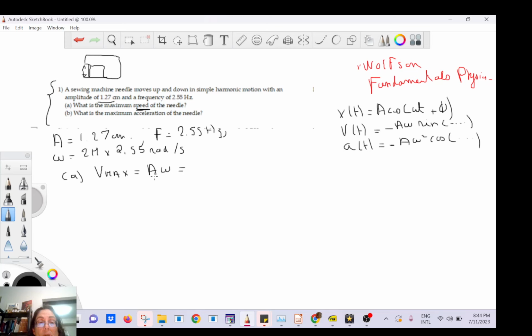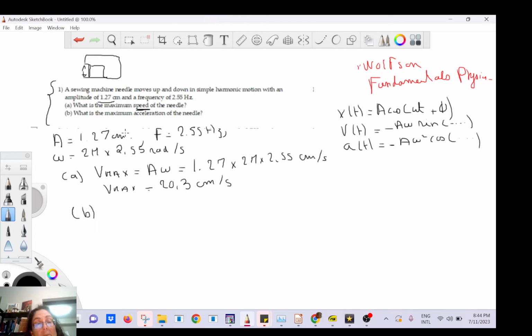We're going to keep centimeters, so it's A times omega, which is 2 pi times 2.55. So the unit will be centimeters per second. You can plug it in, pause the video, and that should be 20.3 centimeters per second.